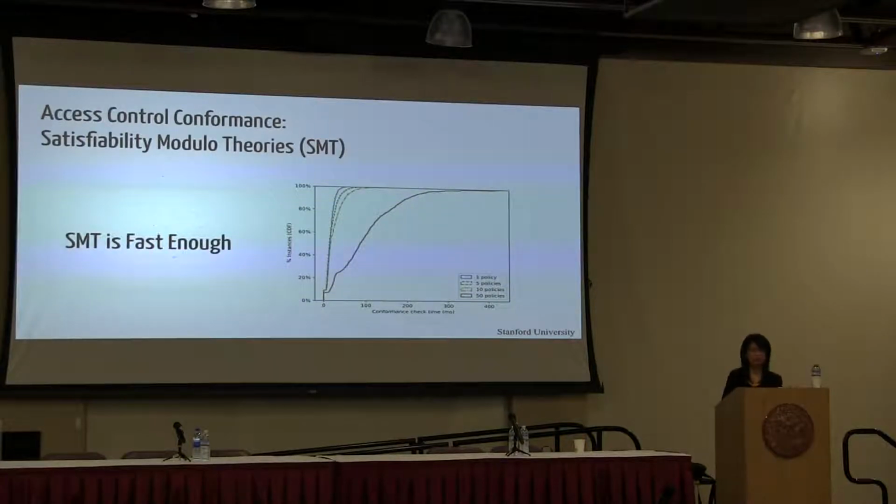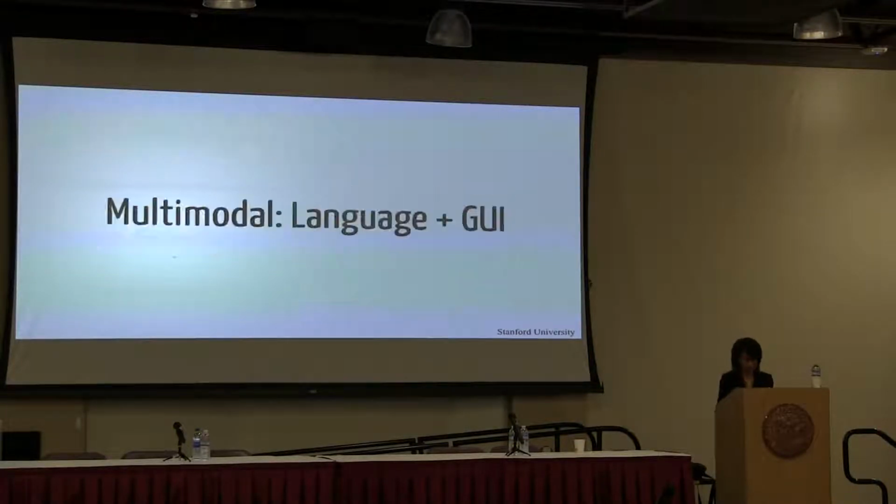So what we did is that we took all these constraints and compiled them down to SMT, satisfiability modulo theories, formulas, and we enforced the access control, and we showed that it is fast enough.